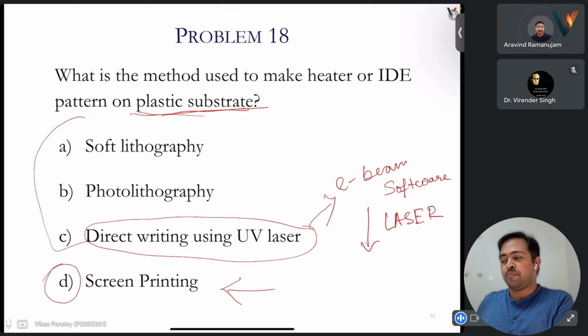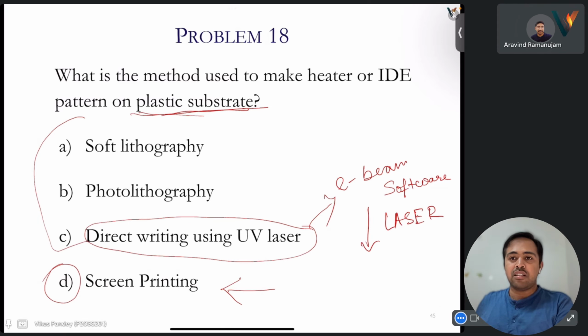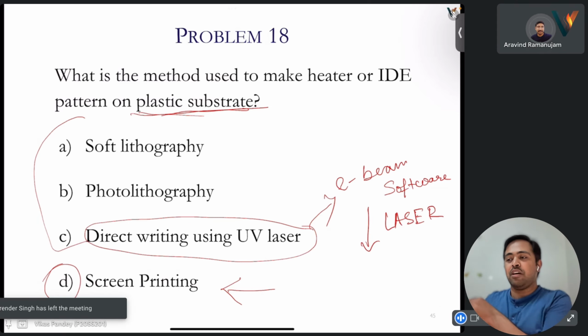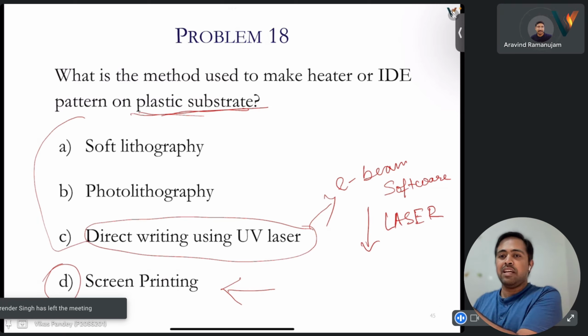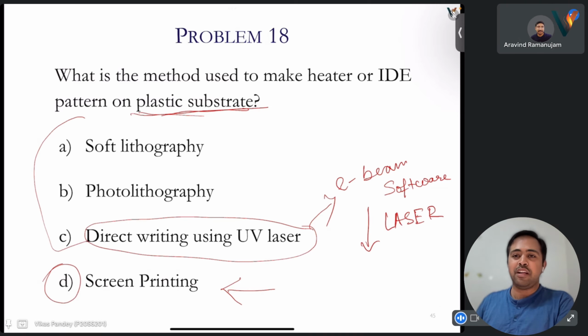Have you seen those marriage cards in India? Mostly when marriage cards are printed, have you seen how that printing is done?